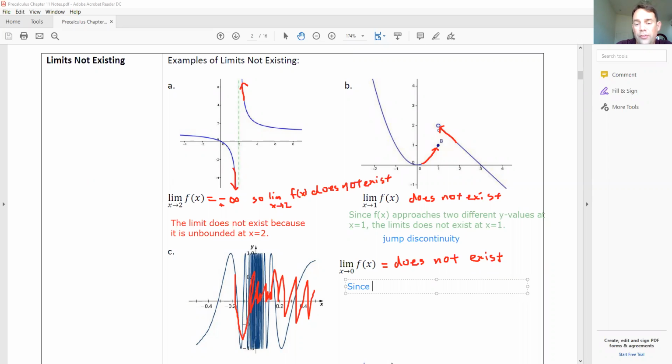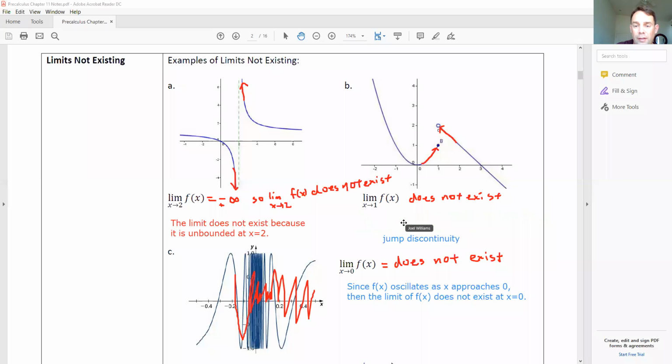Since f of x oscillates as x approaches 0, then the limit of f of x does not exist at x equals 0. Since it starts to bounce up and down, the limit then does not exist at that value.